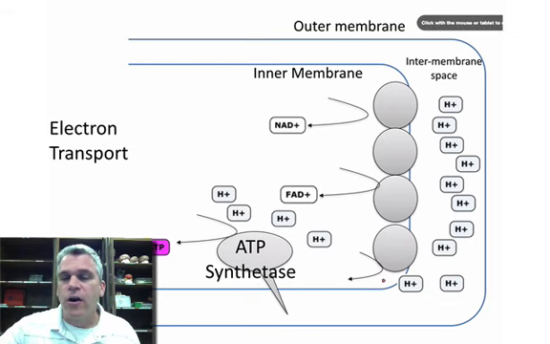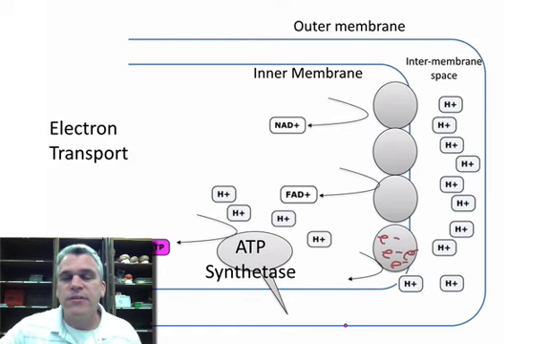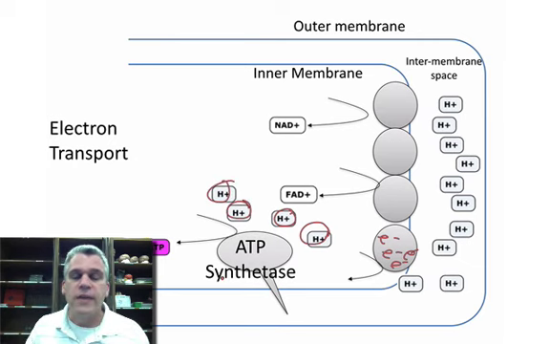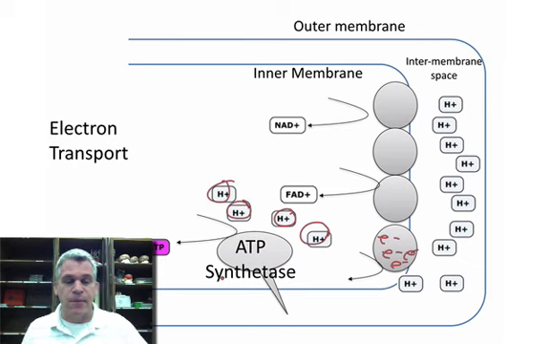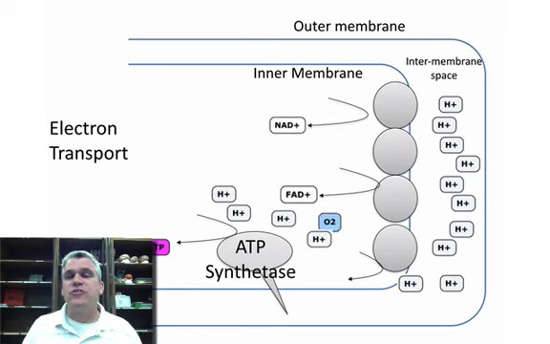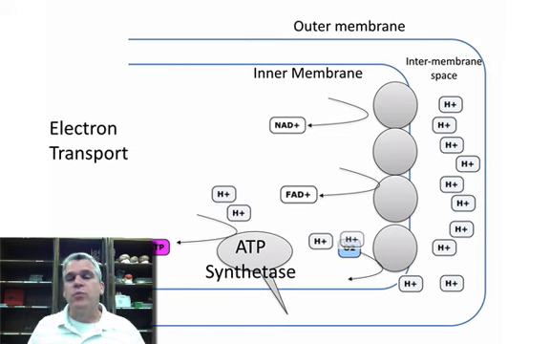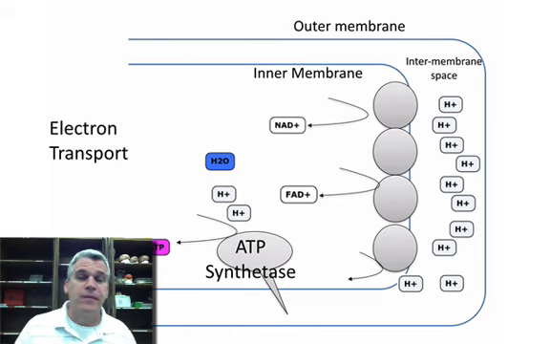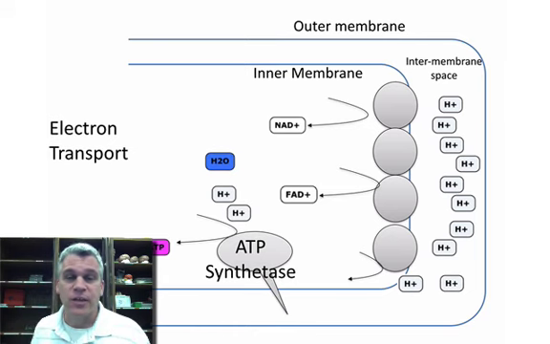We have all of these electrons building up. We have to have a place for them to go. But we also have these hydrogen ions that are moving through the ATP synthetase enzyme. Well, this is where oxygen comes in. Oxygen that we breathe combines with the electrons and the hydrogens and forms water, another byproduct of cell respiration.